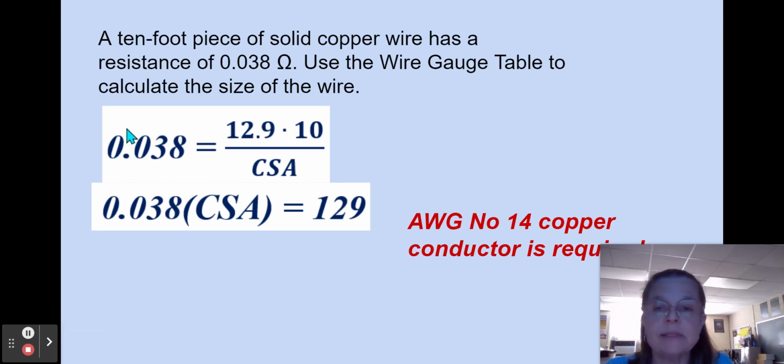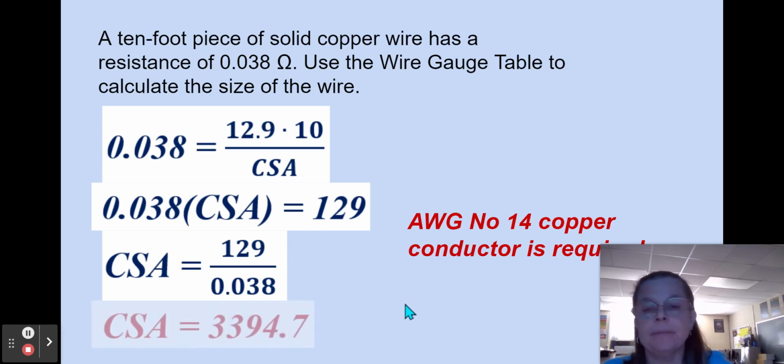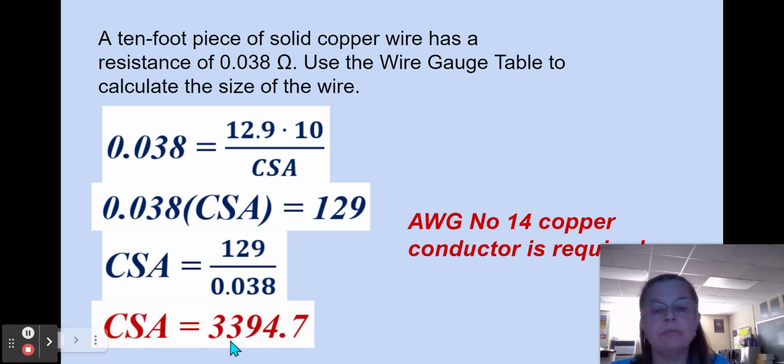So the resistance times CSA equals 129. Now to get the cross-sectional area by itself, divide this side and this side by 0.038. So I'm going to divide the 129 by 0.038, and I will get 3394.7.